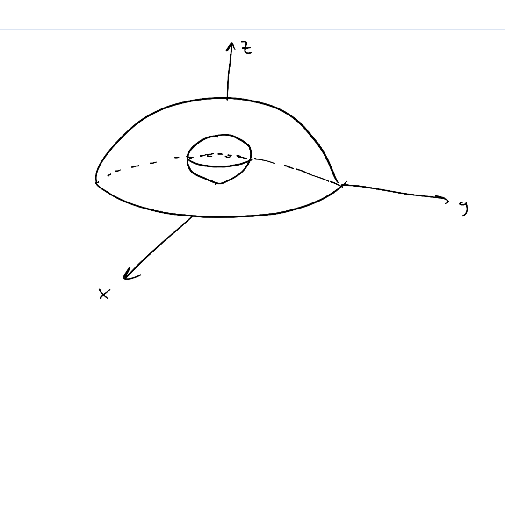Y's vary from -2 to 2, and then x's vary from circle equation with y's in it to circle equation with y's in it. And then z's vary, well, that kind of depends. If you're here in the base, z's vary from 0 just up to the hemisphere.